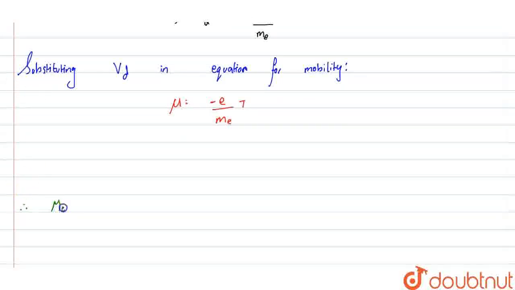Therefore, mobility in terms of relaxation time is given by mu equals minus e by m e times T, where small e is our electron charge, m e is the mass of the electron, and T is the relaxation time or the time between each collision.